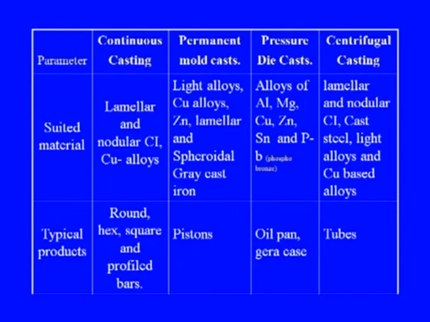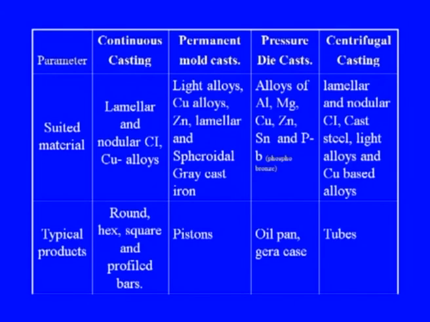Now, as far as yield is concerned, in continuous casting process, yield is almost 100%, but all the other processes, permanent mold casting, pressure die casting and centrifugal casting, are comparatively lower in yield. As far as material suitability is concerned, in continuous casting process, lamellar and nodular cast iron and copper alloys can be cast.